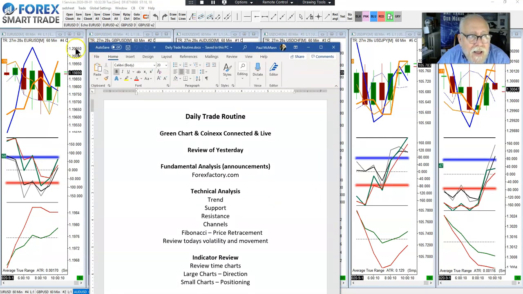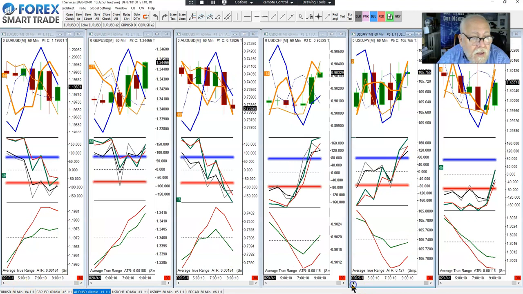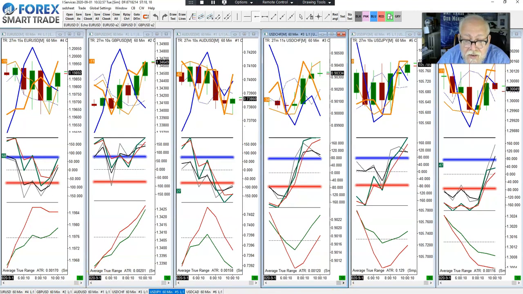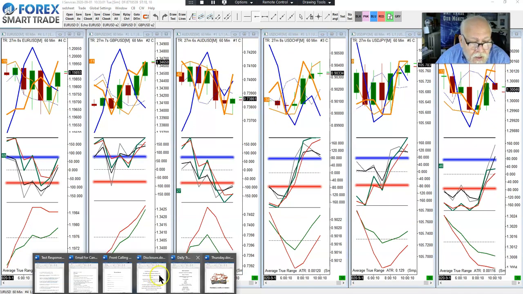I do that by checking the big green light or green box up here. That means I'm connected to the internet. I check down here. That means I am current. If this is red, I am not current. So I always want to make sure that's green.